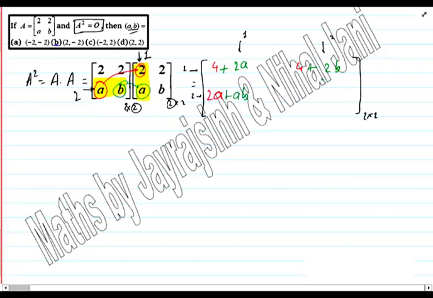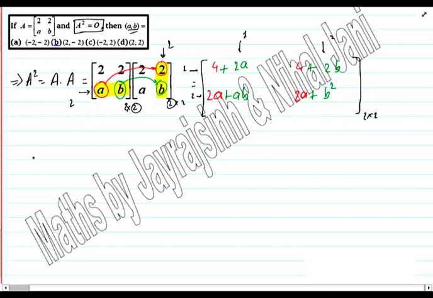And the last element is in second row second column, so second row and the second column is selected. Multiply: a 2s are 2a plus b b's are b square. So tada! Here we get our A square in terms of a and b.